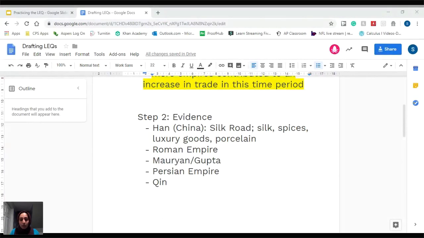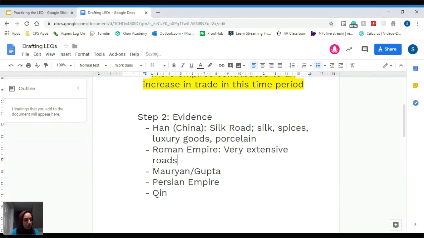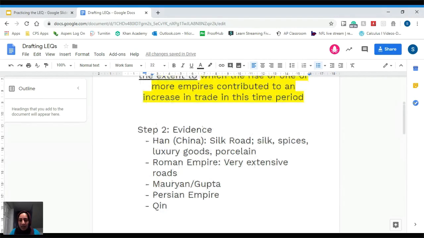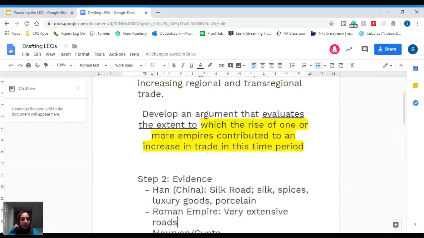Okay, so the Romans had very extensive roads, very long roads. I don't remember how many miles it extended, but they had very extensive roads. Basically, they moved their armies through the roads, but that doesn't really have to do with trade. But these roads did lead to regional trade.